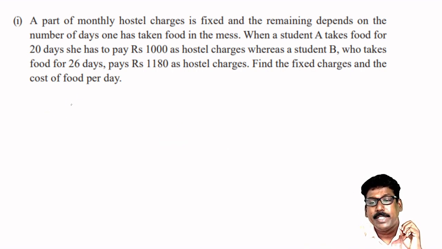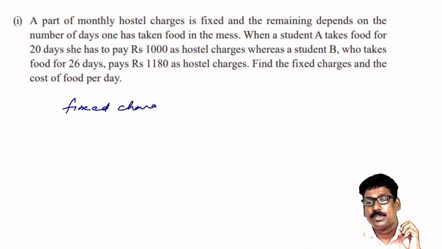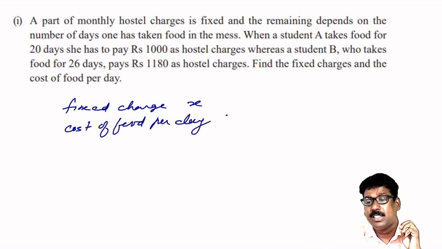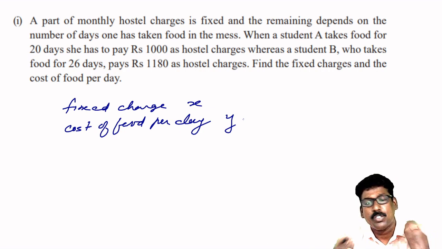Here, let me take the fixed charge as X and the cost of food per day as Y. So you can write, let rupees X be the fixed charge and rupees Y be the cost of food per day.